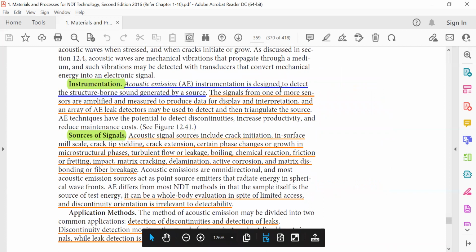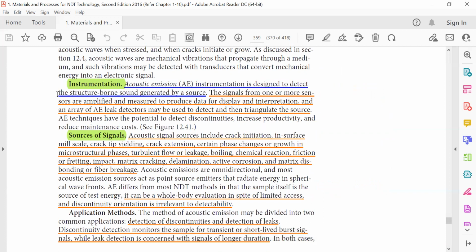Instrumentation, acoustic emission. The instrumentation is designed to detect the structure-borne sound generated by a source. The signals from one or more sensors are amplified and measured to produce data for display and interpretation, and an array of AE detectors may be used to detect and then triangulate the source.